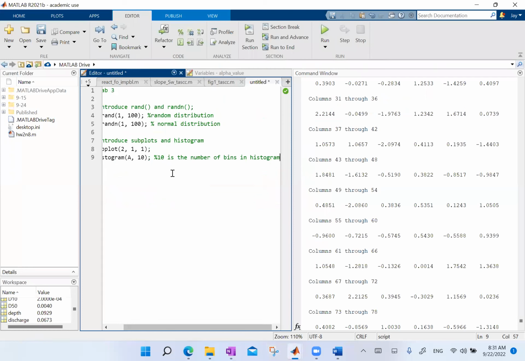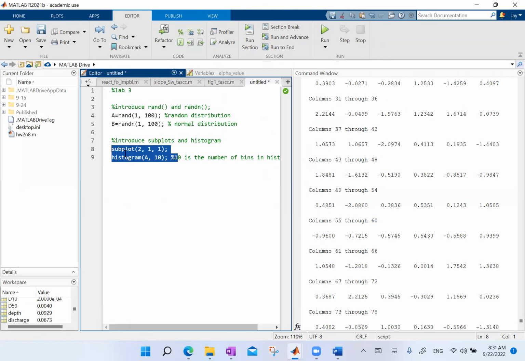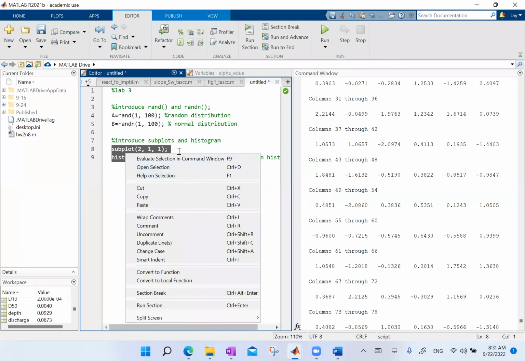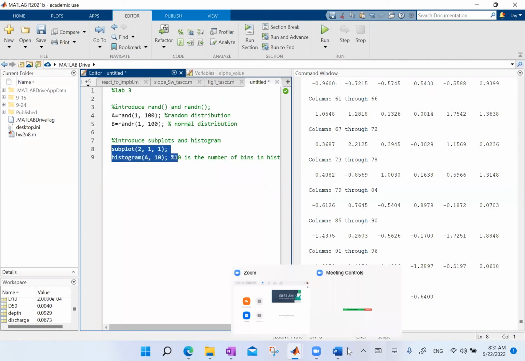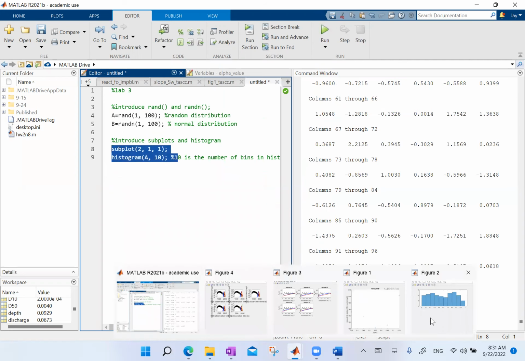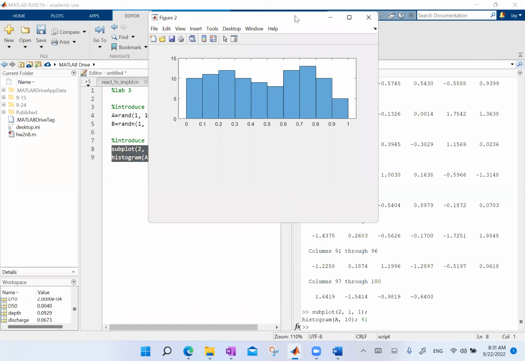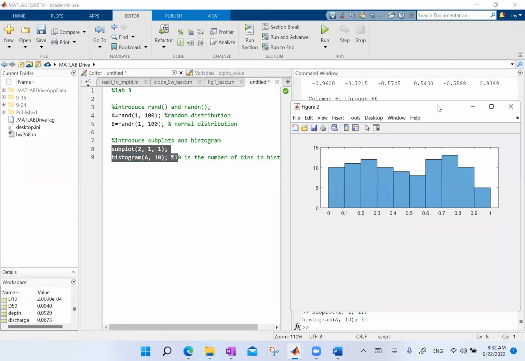So that's what I have. Let's run these 2 lines. I'm going to evaluate those 2 lines. And let's see, where's my figure? So here's my figure. This is A, the random distribution from 0 to 1. As you can see, all the values are from 0 to 1.